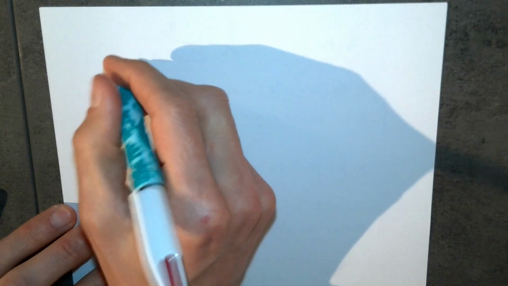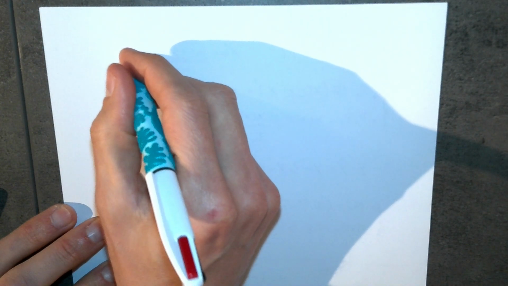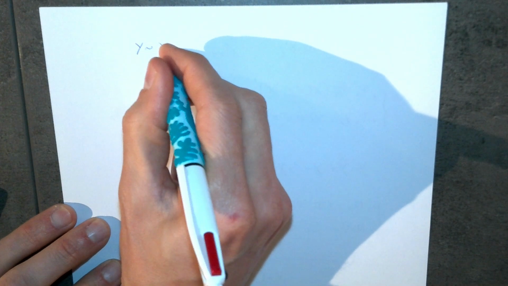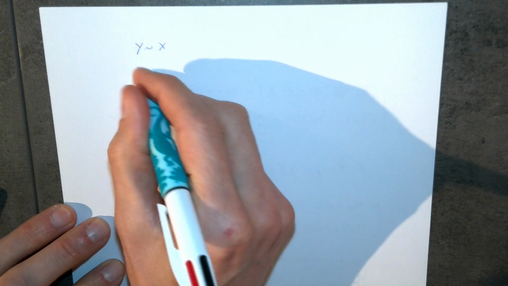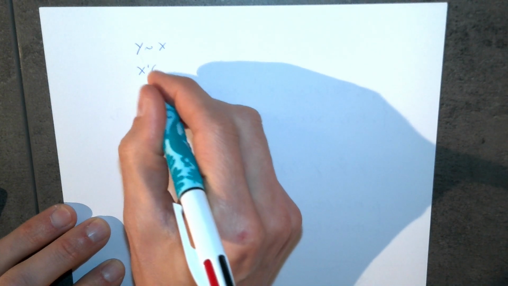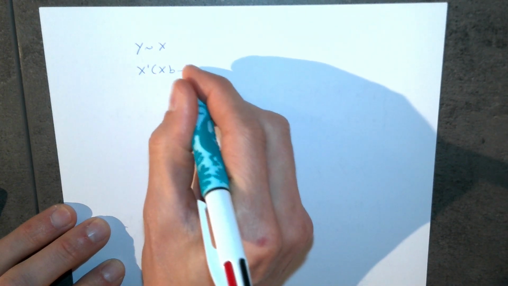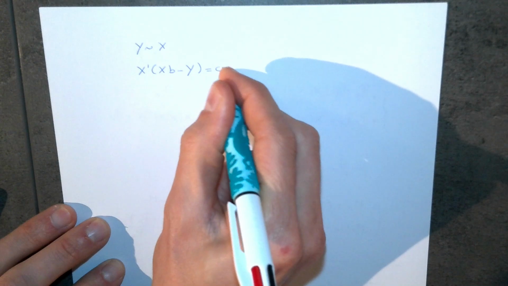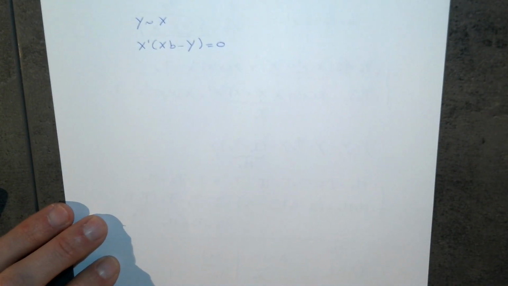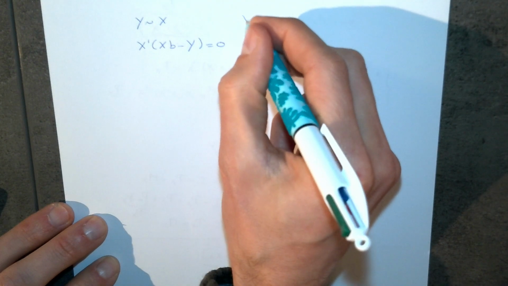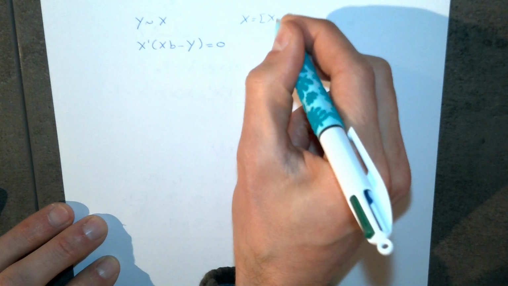Okay. So the proof is not that difficult. It's a bit of linear algebra. So remember the orthogonality conditions. If I regress y on x, the orthogonality conditions told me that x prime times (x b hat minus y) should be equal to 0. Okay. Now x is composed of two parts, xa and xb.